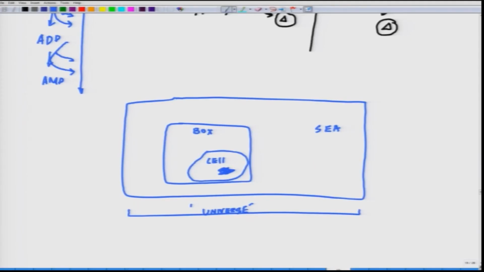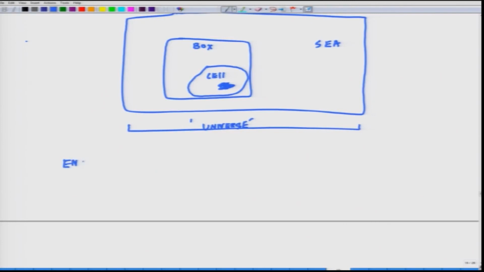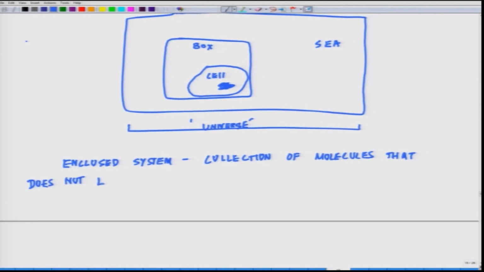An enclosed system is defined as a collection of molecules that does not exchange matter with the rest of the universe.